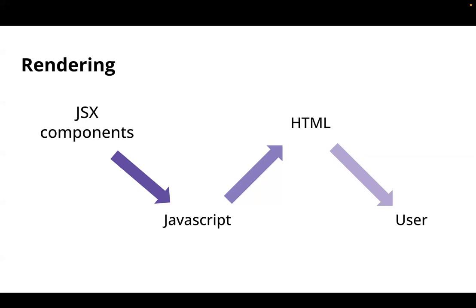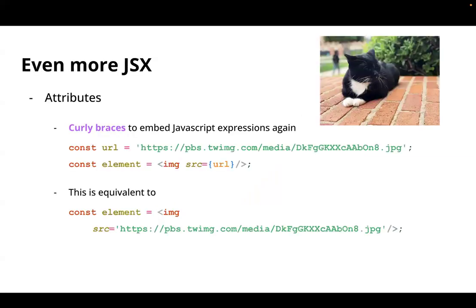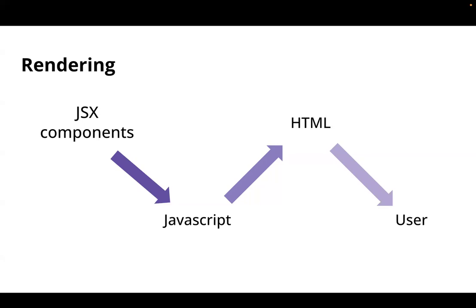So if you're wondering about how all this JSX code turns into what our users see, what happens is that all the JSX code that we write, these JSX components, are first built into JavaScript code. And then the JavaScript code is taken by our web browser, and the web browser runs an engine on it. And the engine generates HTML code based on the JavaScript code.